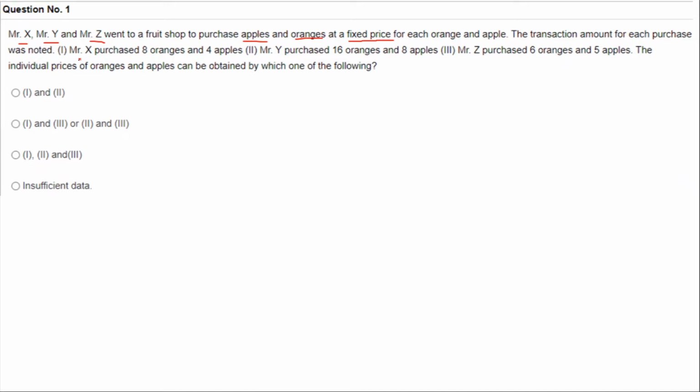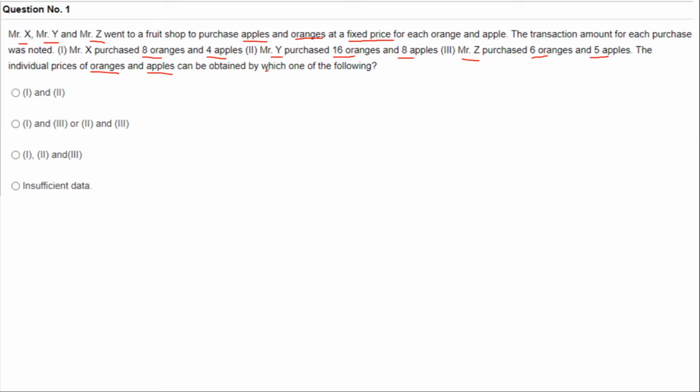Mr. X purchased 8 oranges and 4 apples. Mr. Y purchased 16 oranges and 8 apples. Mr. Z purchased 6 oranges and 5 apples. The individual prices of oranges and apples can be obtained by which of the following?